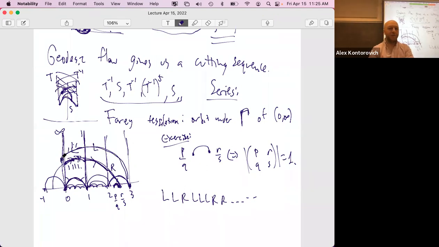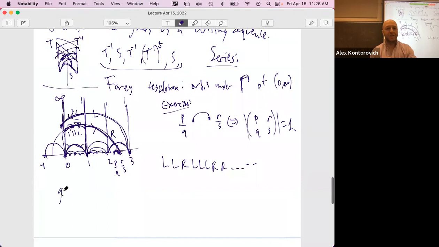So when the geodesic cuts the triangle, let me write this down. Inside each ideal triangle in the Farey tessellation, the geodesic cuts the triangle, and it has a direction, so you know which way you're headed.